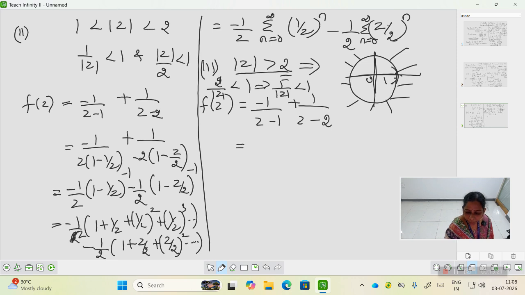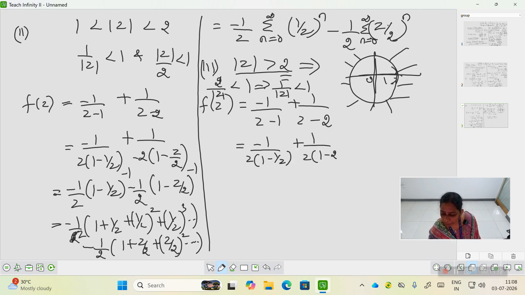So here what do I have to take out? If I take z out, I'll get 1 minus 1 by z, and here also z out, 1 minus 2 by z. Students, we are not dealing with a Taylor series here. Taylor series is over.